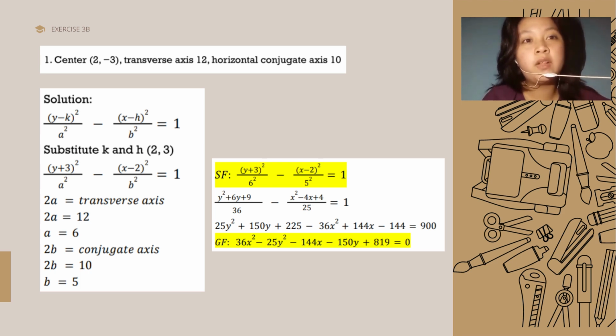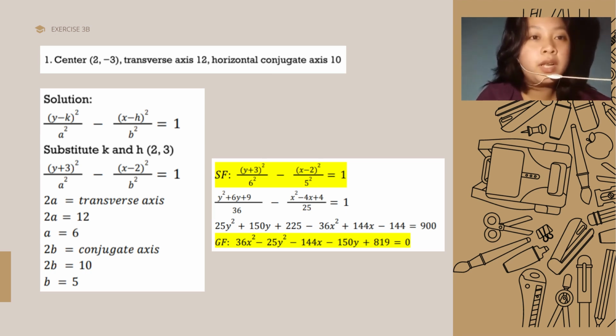We need to find also the conjugate axis, we need to find the b. Gagamitin natin ay 2b is equal to conjugate axis, wherein 2b is equal to 10. So, i-divide lang din natin ang 10 by 2. So, ang sagot niyan ay b is equal to 5.